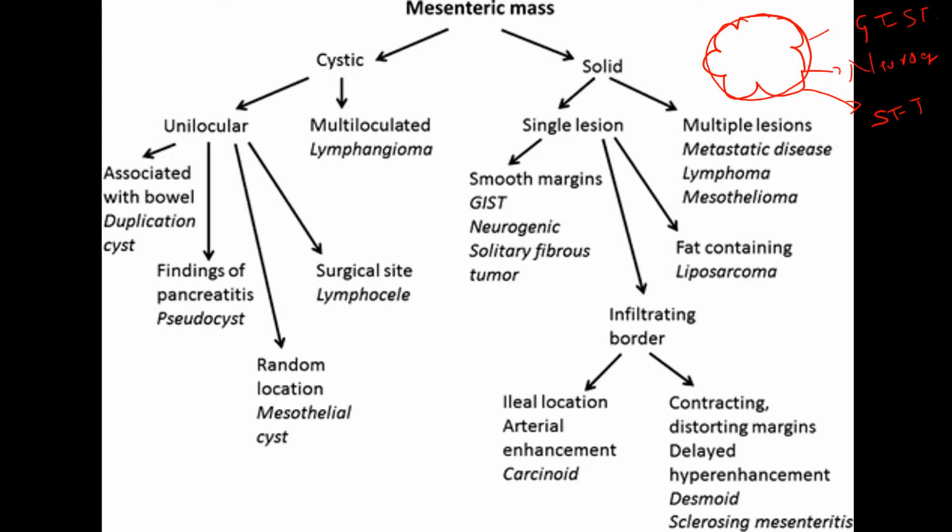A GIST is a heterogeneous tumor which has a few cystic areas within, can have calcification, and shows early arterial enhancement. A neurogenic tumor can also contain cystic areas and shows arterial enhancement. But very classical about a neurogenic tumor is that it is very bright on T2, which will not be seen in GIST.